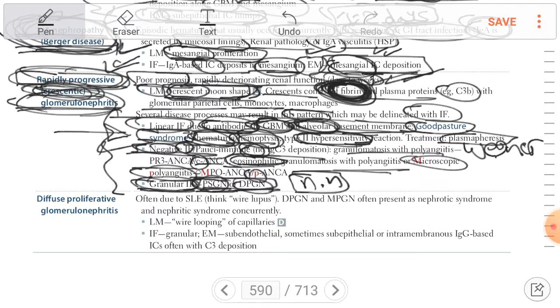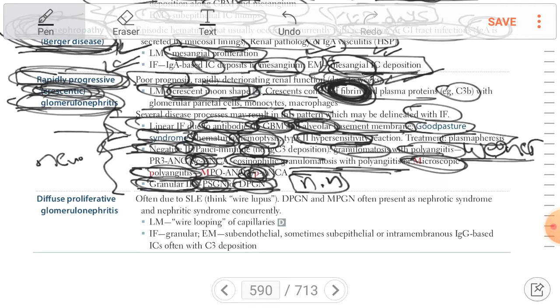To remember which one is C ANCA and which one is P ANCA. C ANCA is Wegener granulomatosis with polyangiitis. P ANCA is eosinophilic granulomatosis with polyangiitis or microscopic polyangiitis.